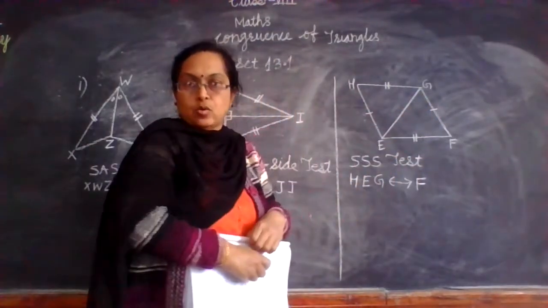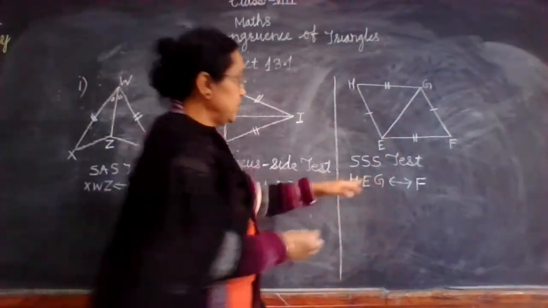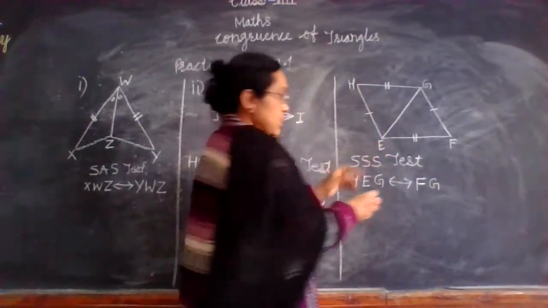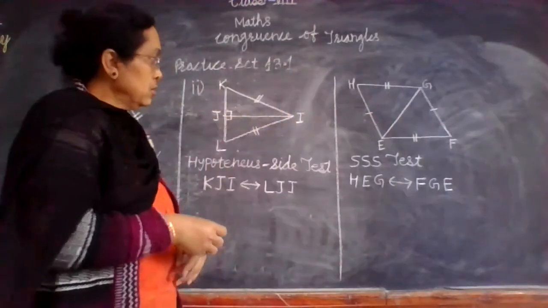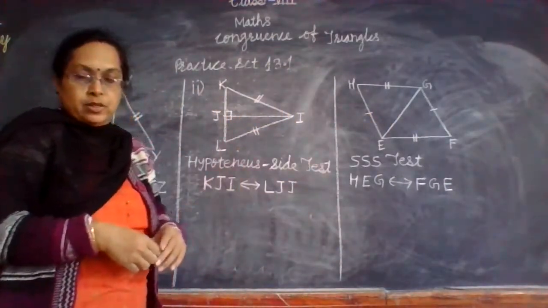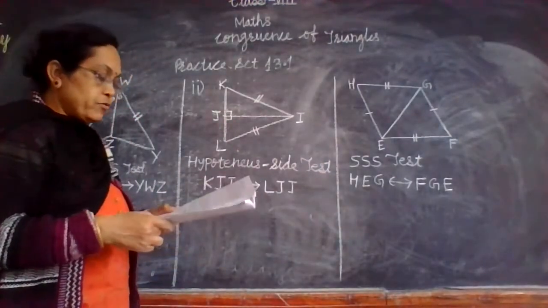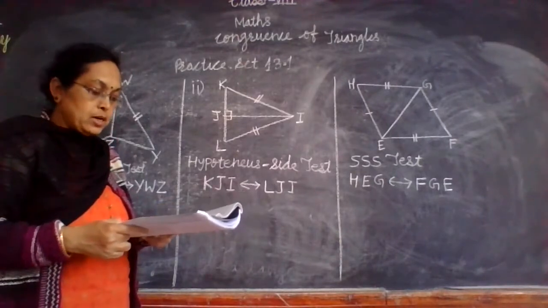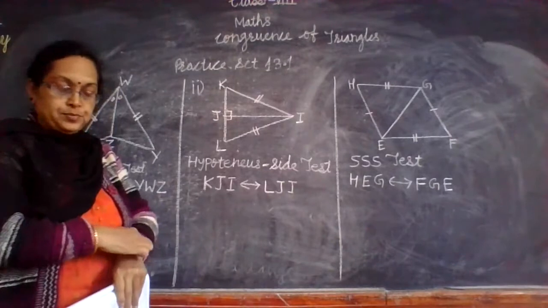So we will write down FG first, FG, and remaining is E. So this is the correspondence between the vertices which is asked in your question. Question was like that: state the test and correspondence of vertices by which triangles in each pair are congruent.